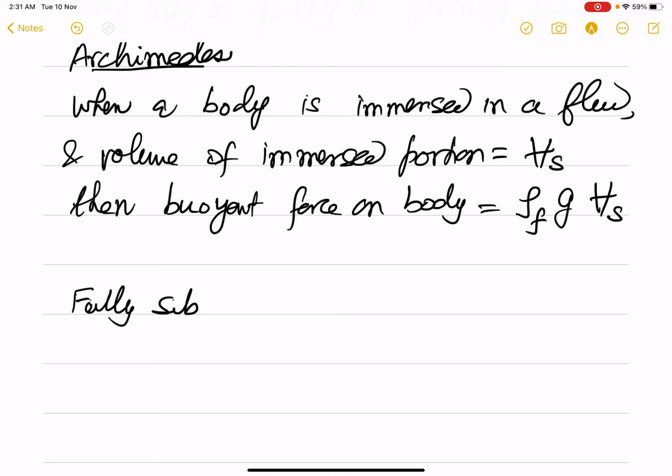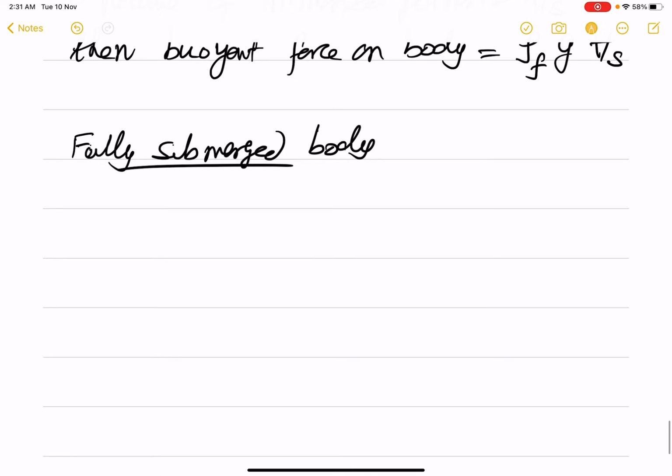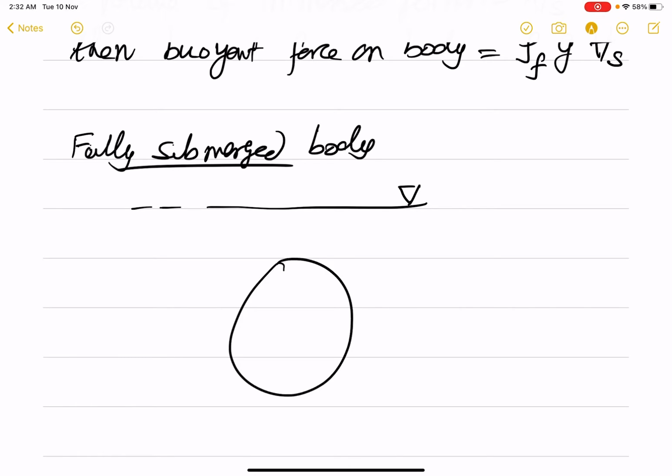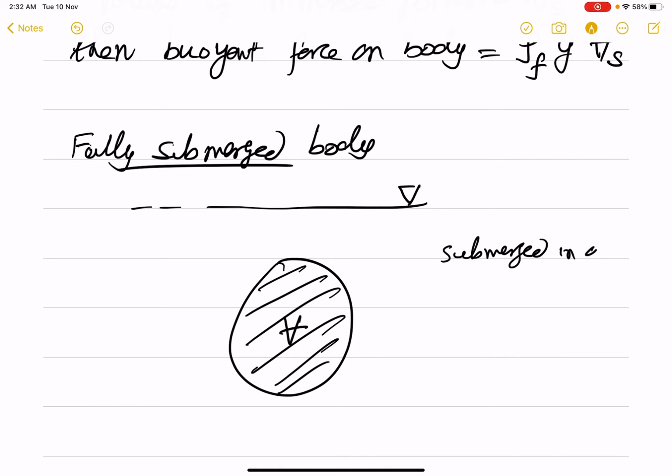And we can very easily verify this for a fully submerged body. Let's say this is the fluid and there is a body of volume V. This body is submerged in a fluid of density rho.